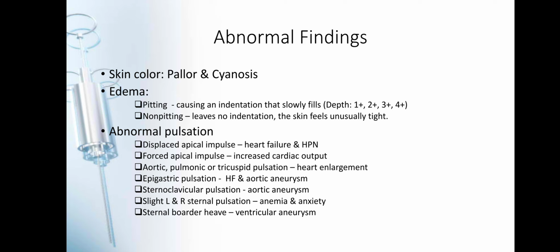Merong slight left and right sternal pulsation, it's either merong anemia yung patient mo or anxiety. Or if meron kang napalpate na sternal border heave, that is ventricular aneurysm. Okay? So I think that ends my discussion for the assessing the cardiovascular system.